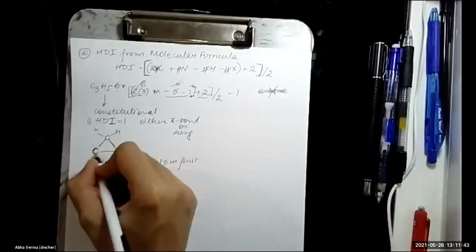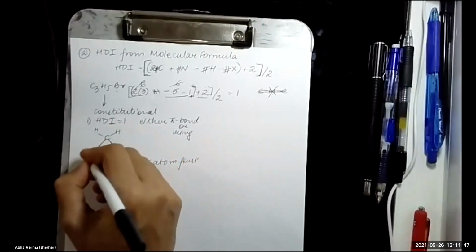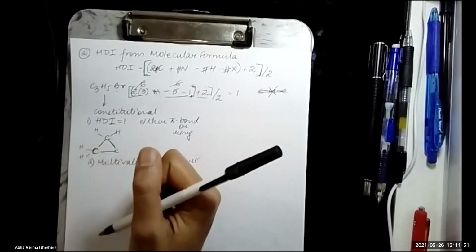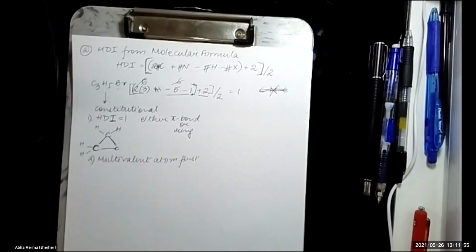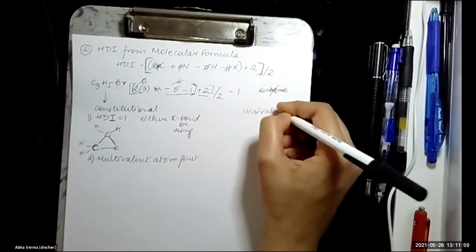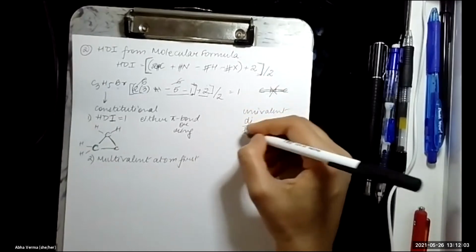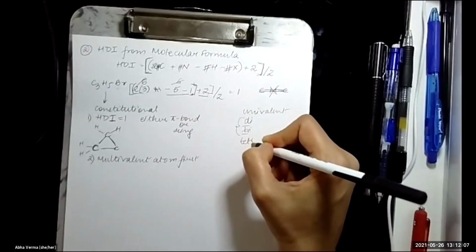To this carbon, how many bonds are already attached? 1 and a 2. And so I'm going to add, yes, 2 more hydrogens. I'm sorry, it was a multivalent and what was the other one? Univalent. Univalent, and then there's divalent, trivalent. Most of these are known just as multivalent.